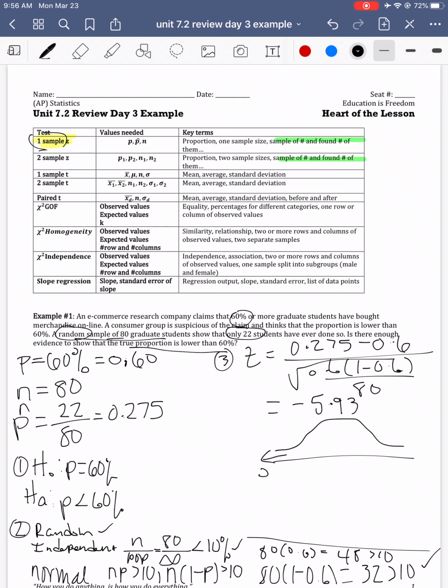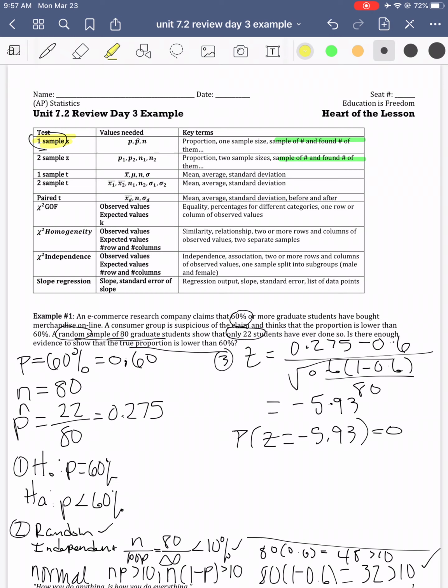So that is what our percentage is going to be here. So the percent of z equals negative 5.93 is equal to 0. Now I need to make sure, am I done? Is this my p-value? Well, let's go back to our alternate hypothesis, and I see that we are less than, so I don't need to do anything. So my p-value is going to be equal to 0 here.